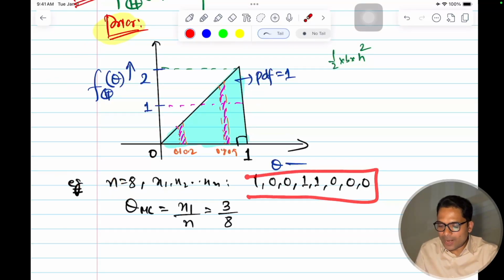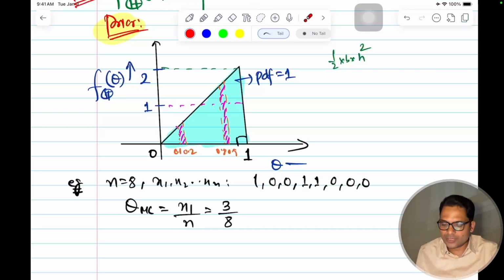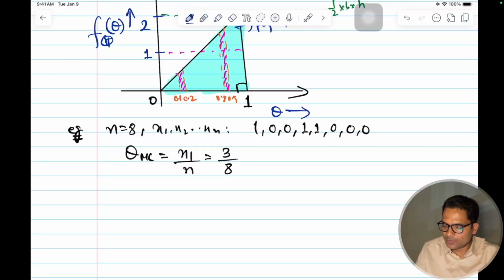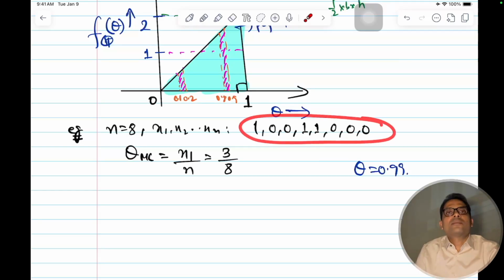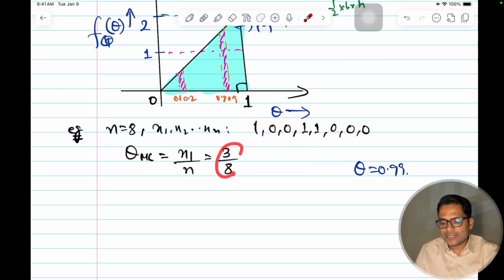But consider such a pattern of ones and zeros if we toss the coin thousands of times. Even if my probability of success theta is 0.99, can we deny the probability of seeing 8 such events? My estimate is saying 3 by 8, but even if theta is 0.99, we can still see such an event.